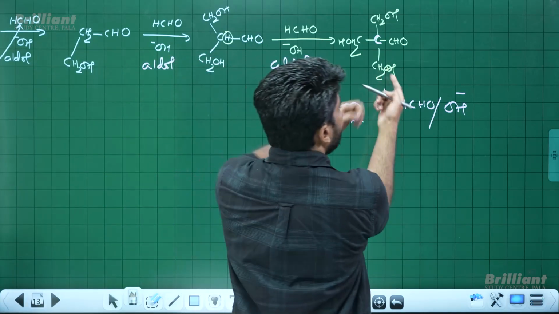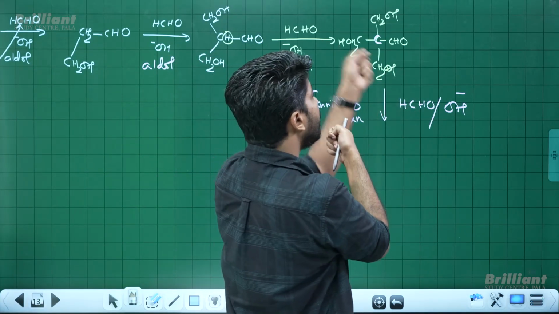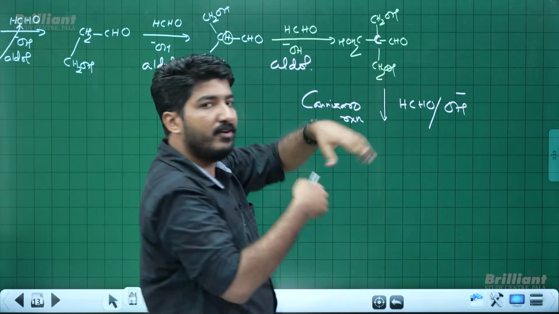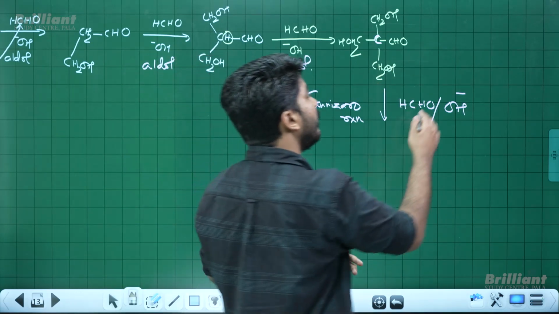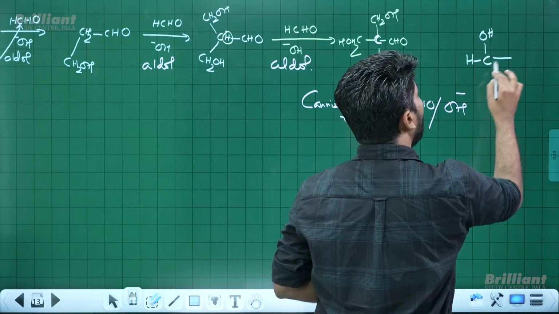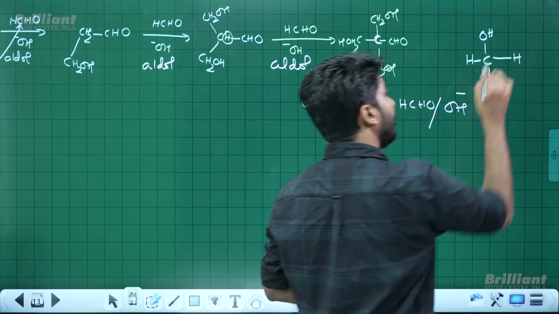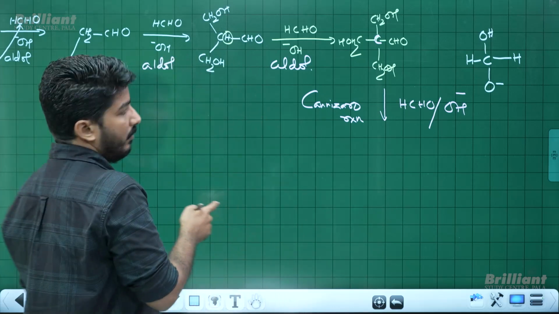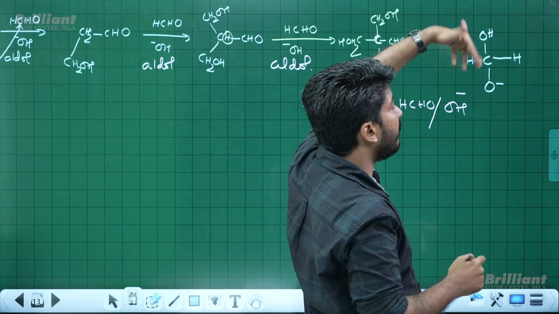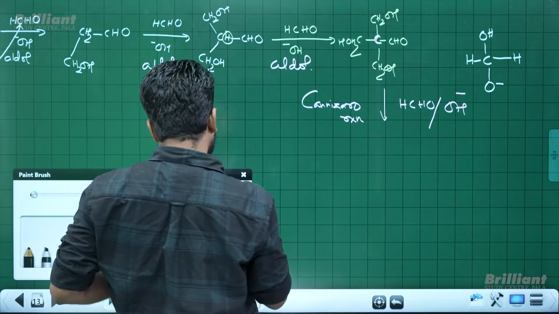Who is the hydride donor in this case? HCHO will act as the hydride donor, because HCHO is more electrophilic, so a larger amount of this species will be present in the medium. Since it is present in greater concentration, it will be the better hydride donor.